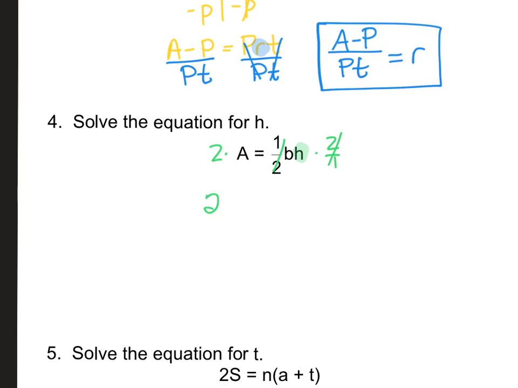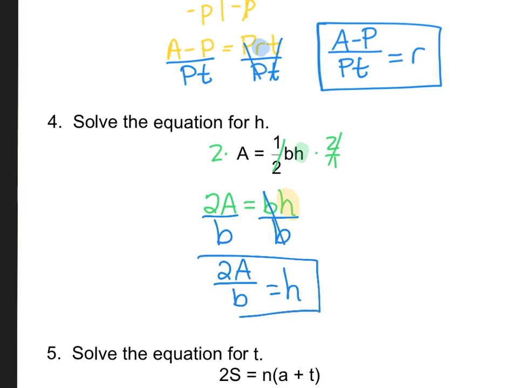So that would leave us with 2A equals BH. Now we want to get the H by itself by dividing each side by B. Nothing else that we can do there. So we are left with 2A divided by B equals H.